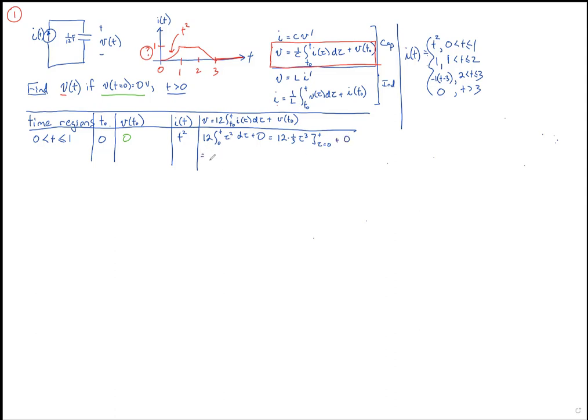All right, so let's simplify this. 12 over 3 is 4. Tau cubed replaced with t gives you t cubed. Tau cubed replaced with tau equals 0 gives you 0. Plus 0, that's just 4t cubed volts. So that's our answer in the first time region.